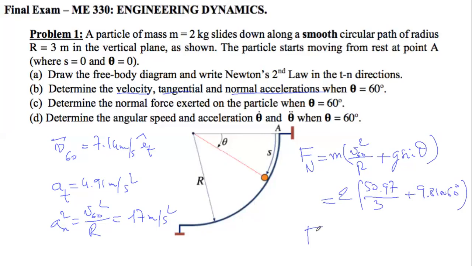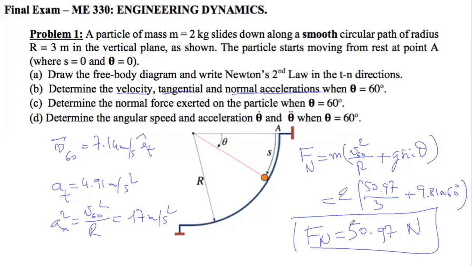You do the calculation, and you find that the normal force is in the normal direction, and its magnitude is equal to 50.97 Newton.